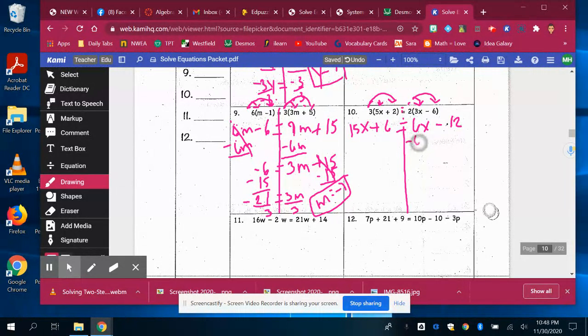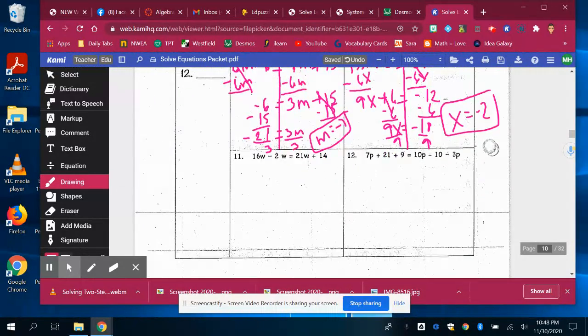Next, I'm going to move my variable terms. I get 9x plus 6 equals negative 12. I have a two-step equation. Subtract 6. I get 9x equals negative 18. Divide by 9. You should have gotten x equals negative 2.